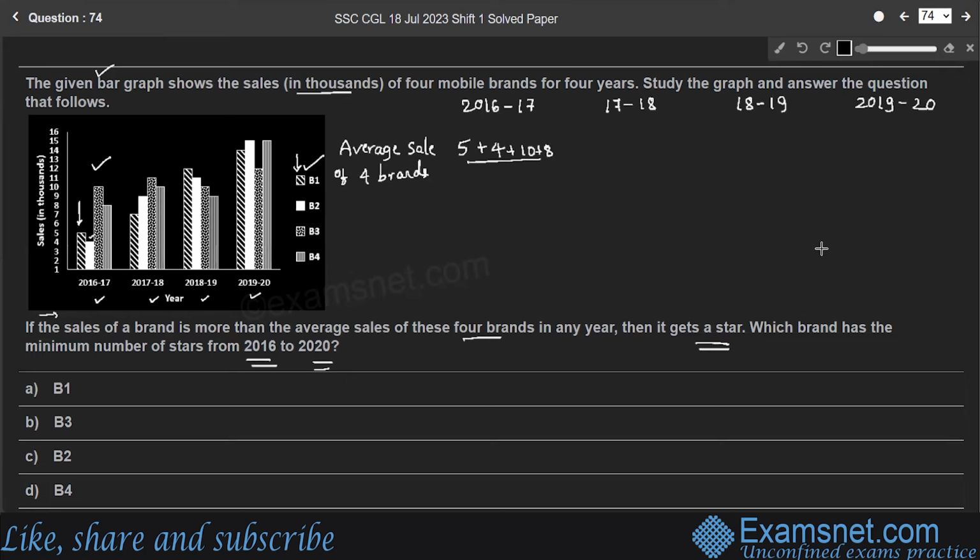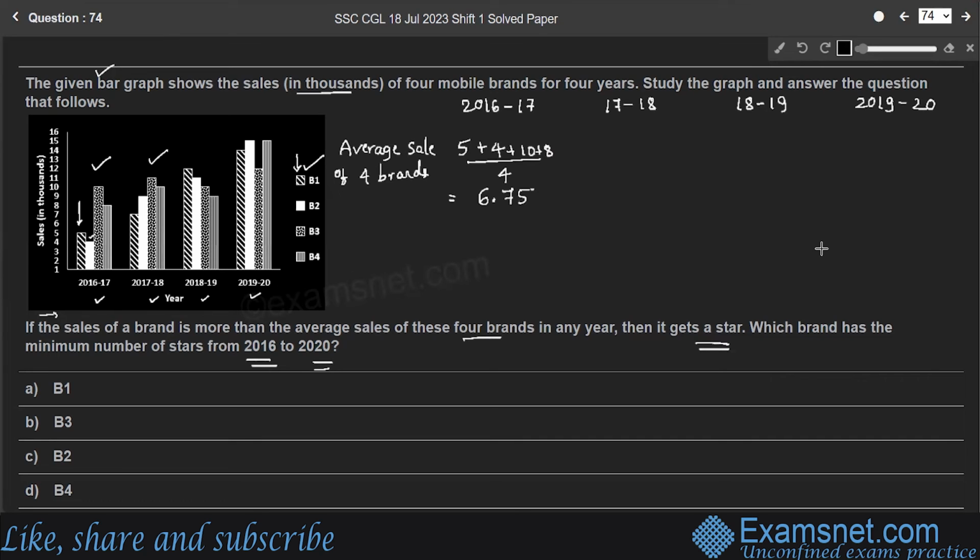Divided by, average is sum of all values divided by number of brands here, right? So it is 14 plus 8, 22 plus 5, 27 by 4. So 27 by 4 is, 4 into 6, 24, so 6.75 is the average sale of 4 brands in the year 2016-17.